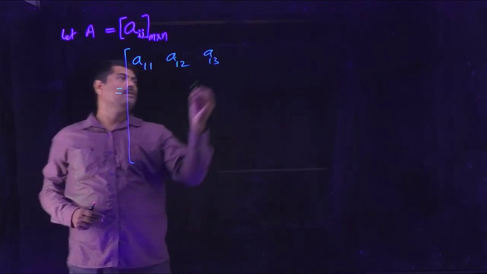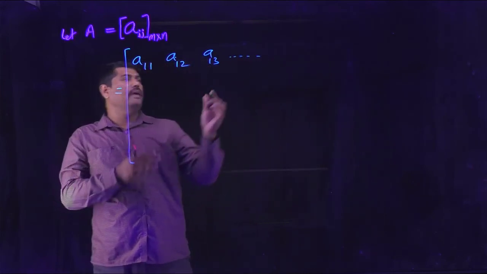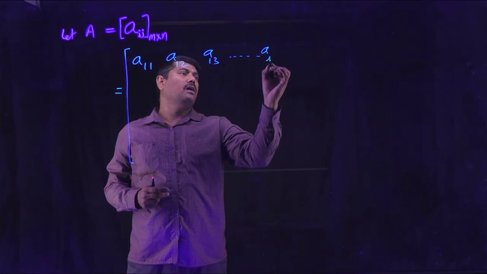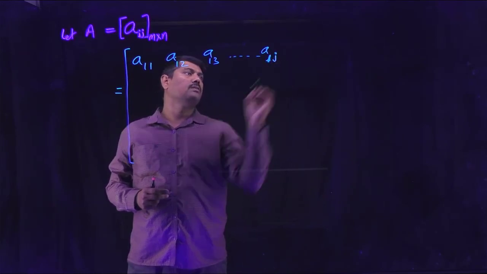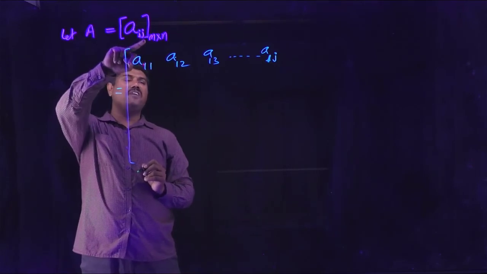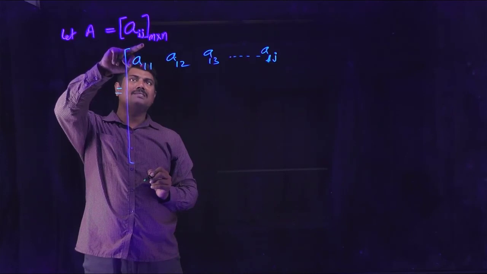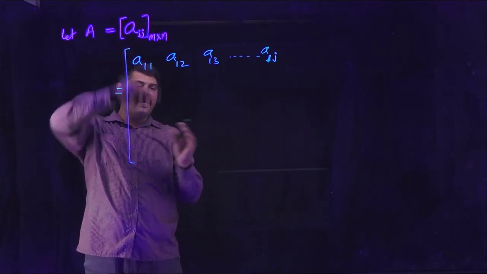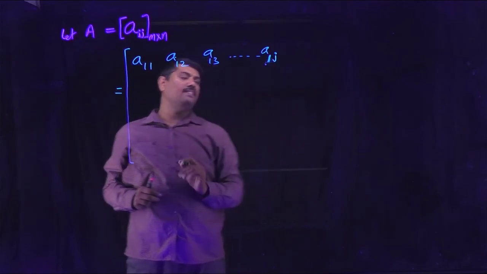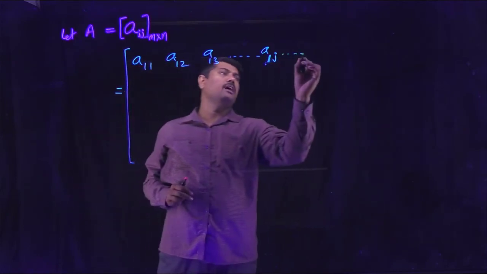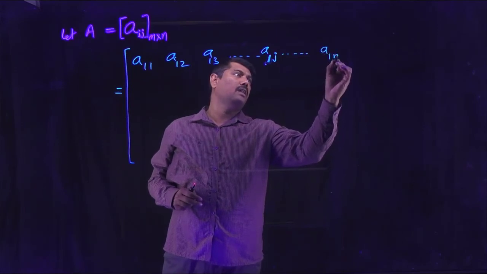In the same manner, you come to a1j, where j indicates the variation of the column, so this is the first row and jth column. Last, we obtain a1n.